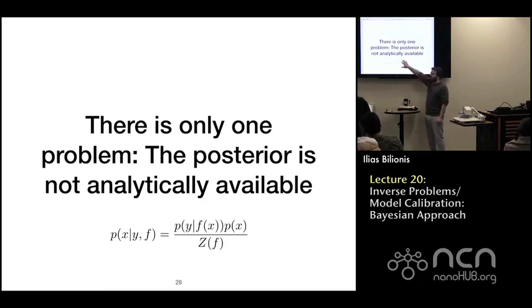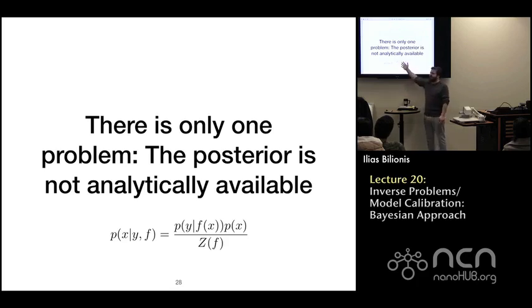If this is Gaussian, this is linear, and this is Gaussian, then there is an analytical solution, and it is a Gaussian. Okay? So if your prior is Gaussian, if your model is linear in X, and if your measurement noise is Gaussian, then the posterior is a Gaussian. Sometimes this happens. Most of the times it doesn't happen. There are other cases.